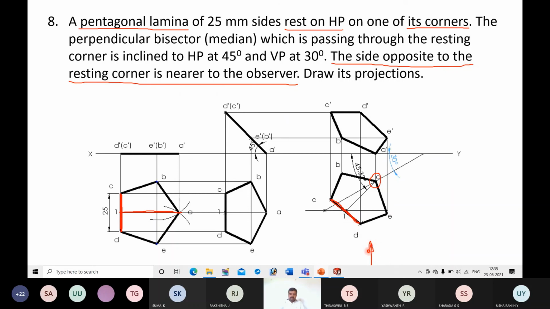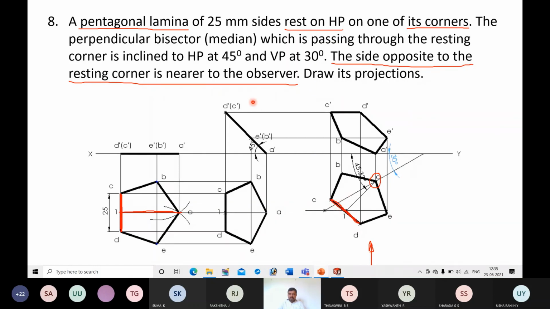Nearer to this arrow mark. Which one is nearer? Point A or line CD, which is nearer to observer? Okay, CD is nearer to observer.